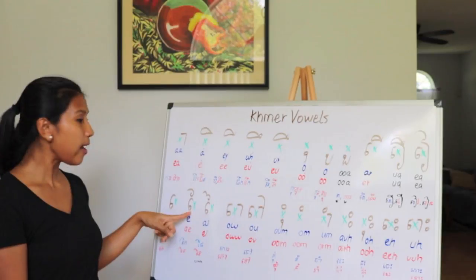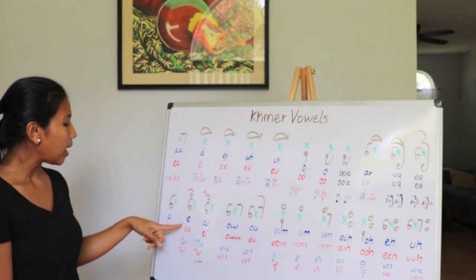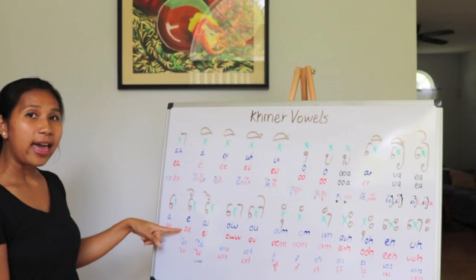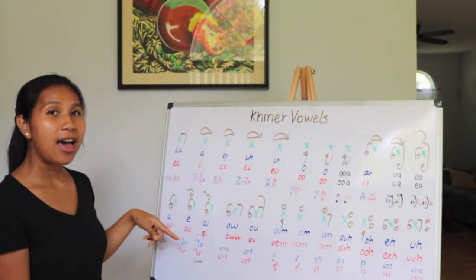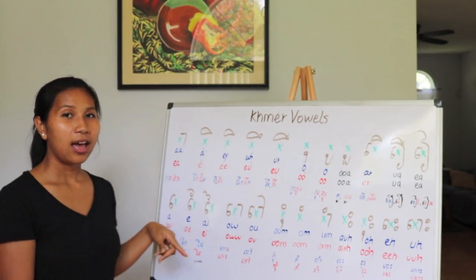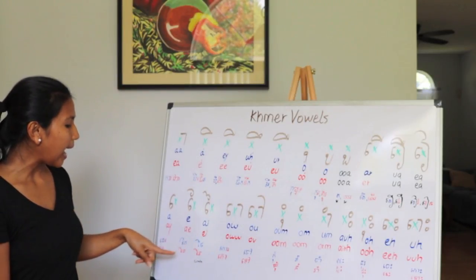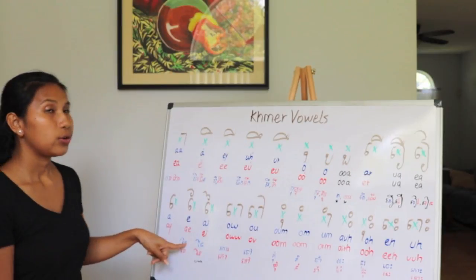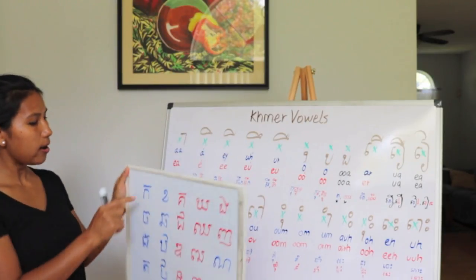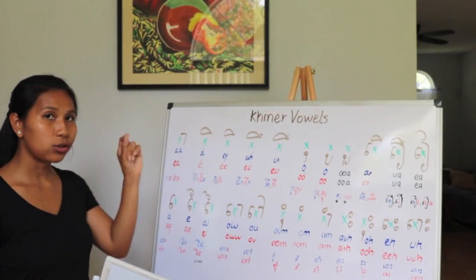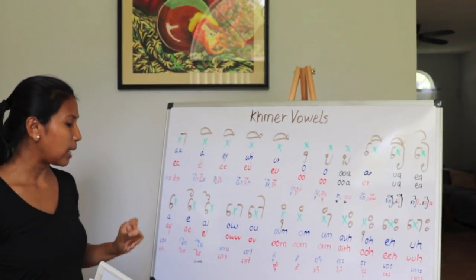ស្រៈអែ has two sounds, I and a. And word samples are gai and nay. So có from group O, có ai gai means correct, to correct.